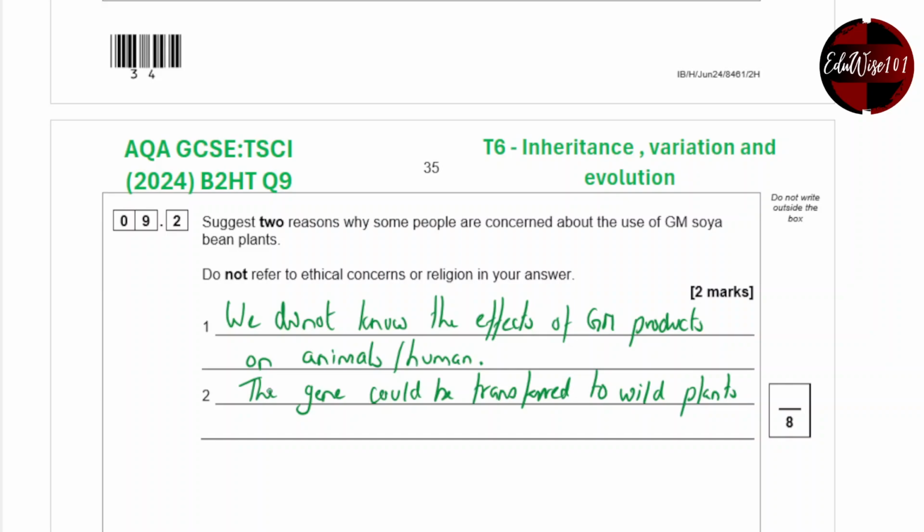They actually monopolize the industry. That's an ethical reason. And it might affect the flavor, or the taste of the product, or it could affect other things like storage and whatever. So any of those will be acceptable answers.